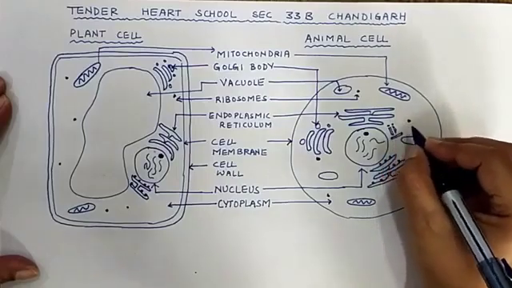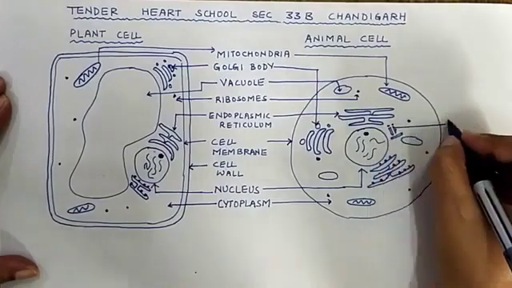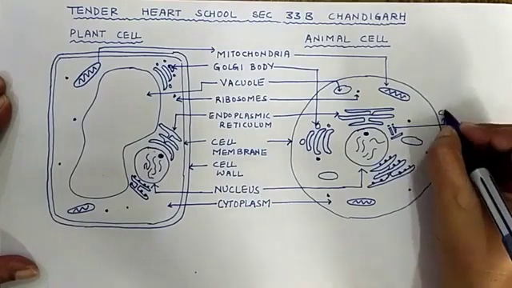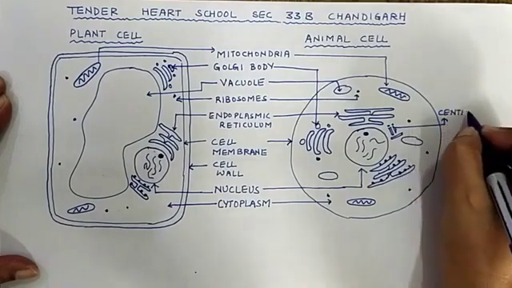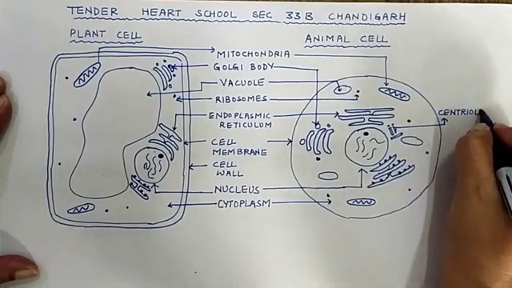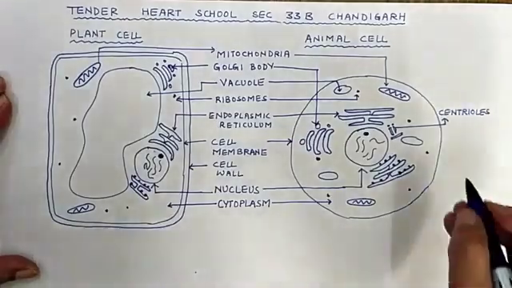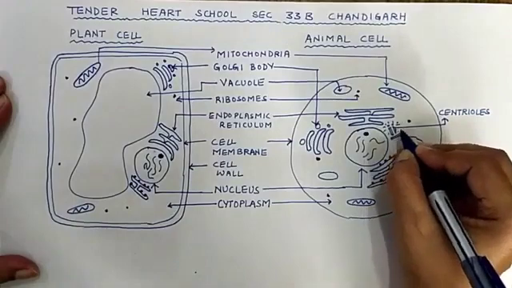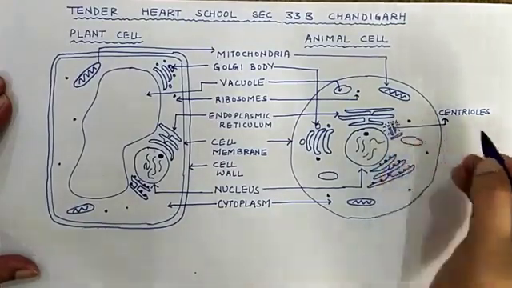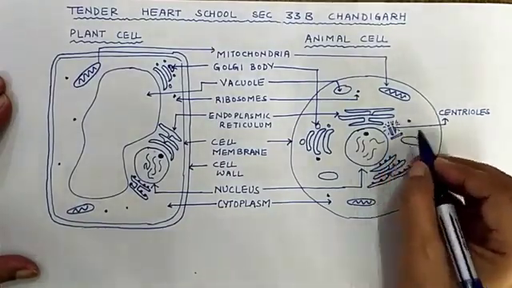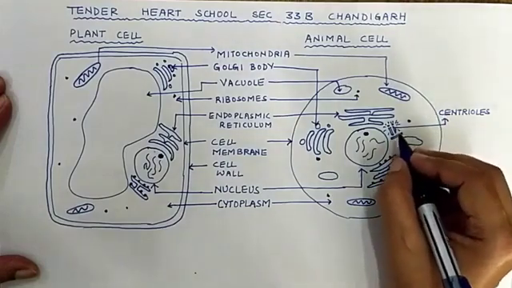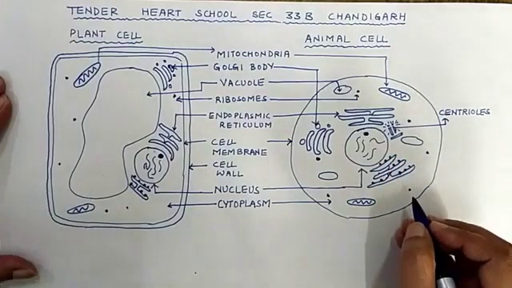So these are the centrioles. Centrioles are present only in the animal cell, right? And these are helpful in initiating cell division. When the cell has to divide, these centrioles play a major role. Without the centrioles, cell division cannot occur in the animal cell, right?